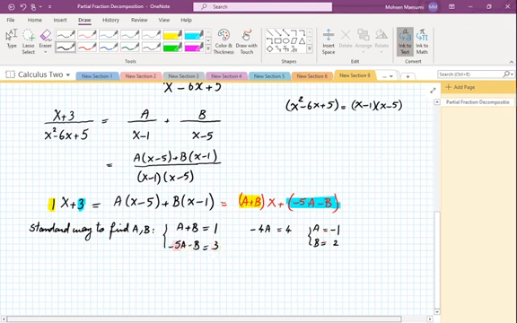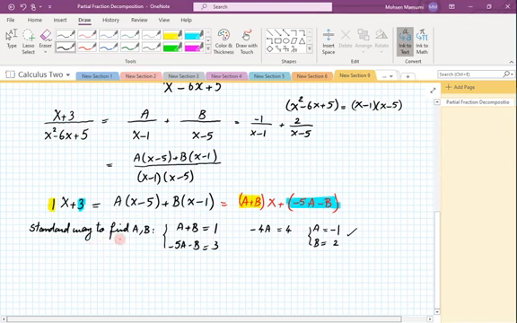Well, minus 5A is going to be plus 5, minus B makes 3, and that is 3. So it looks like we are on the right path. So I have my A and B. So in this approach we got that my solution is minus 1 over x minus 1, and then B turned out to be 2 over x minus 5. So that was easy.